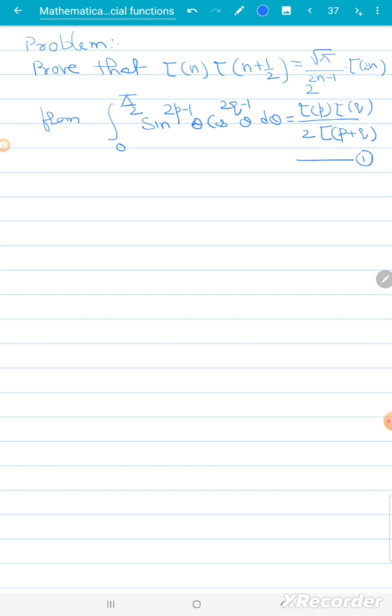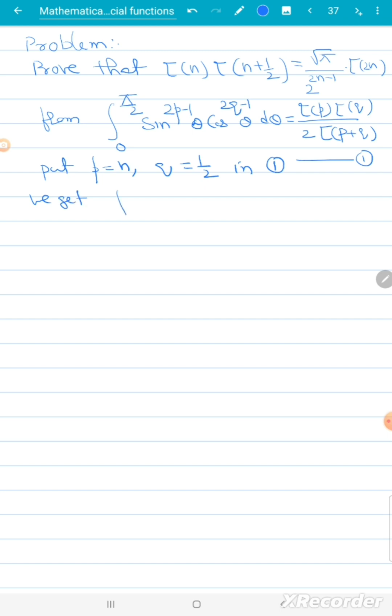In this integration, put p equals small n and q equals 1 by 2 in result 1. What do we get?